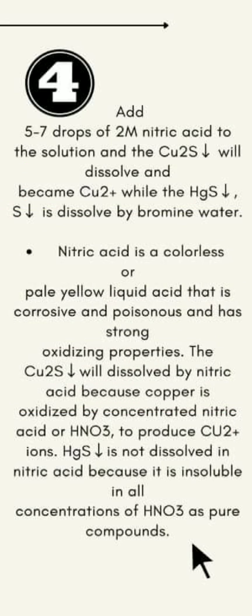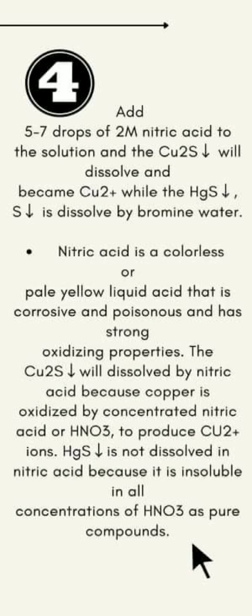Step number 4. Add 5 to 7 drops of 2M nitric acid to the solution and the copper sulfide precipitate will dissolve and become the cupric ion, while the mercuric sulfide and sulfur precipitate is dissolved by bromine water. Nitric acid is a colorless or pale yellow liquid acid that is corrosive and poisonous and has strong oxidizing properties.